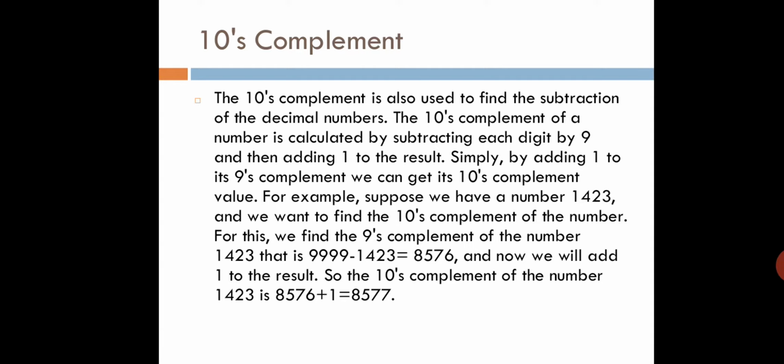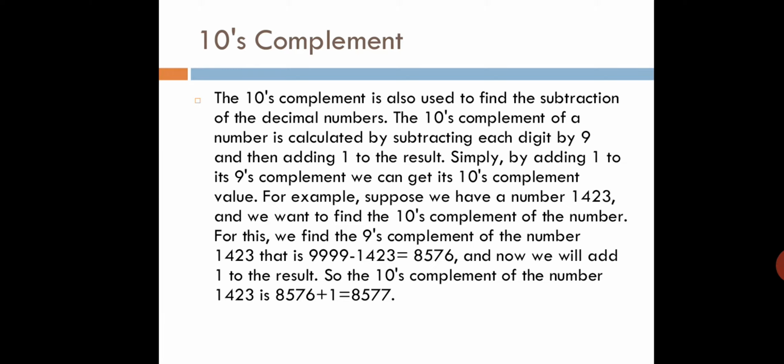For example, suppose we have a number 1423, and we want to find the 10's complement of this number. What we have to do? We have to find the 9's complement of that number. How to get the 9's complement? That is the actual concept given with the equation itself, but you can go digit wise or position wise. 9 minus 1, 8. 9 minus 4, 5. 9 minus 2, 7. 9 minus 3, 6.